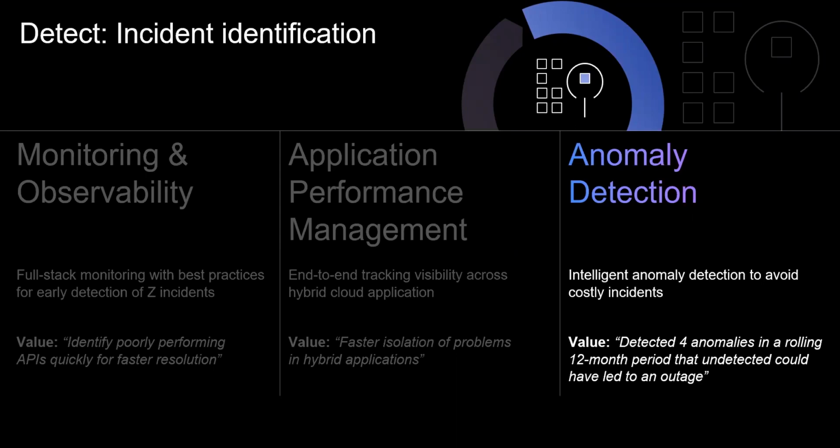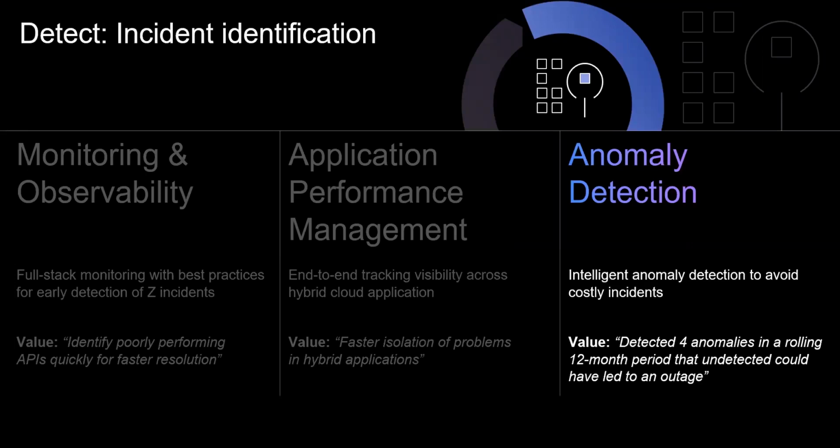Then in the last little over a decade or so, the birth of APM solutions really started to take hold. This was looking at end-to-end transaction tracking across entire applications. And these were very good at finding slowdowns and bottlenecks as we go through that application topology.